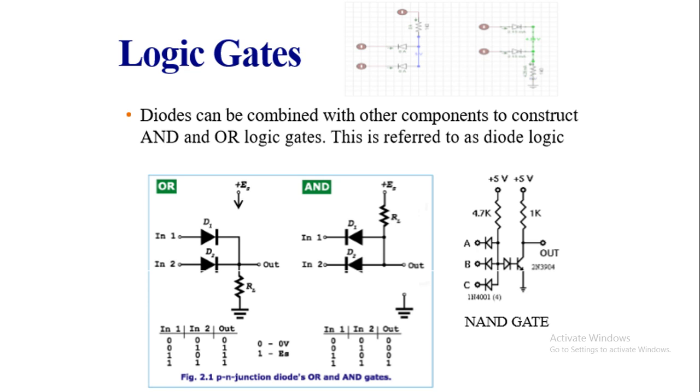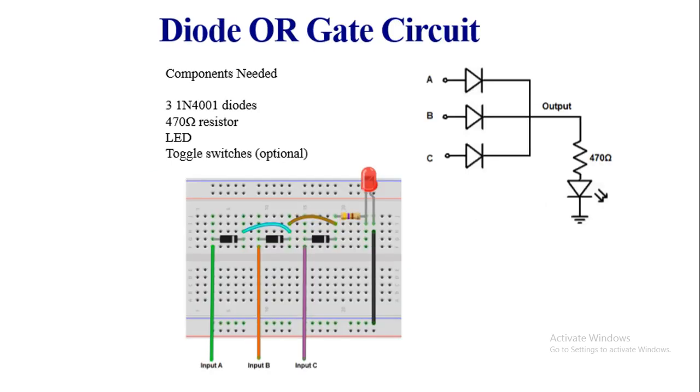The truth table of OR: when the two inputs are zero, the output is zero; any input of one gives an output of one; and the output is one also when the two inputs are one or high. So we can connect the diodes in this connection to get the OR logic gate.